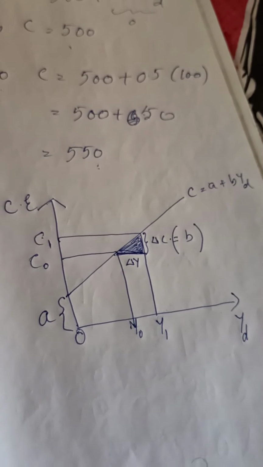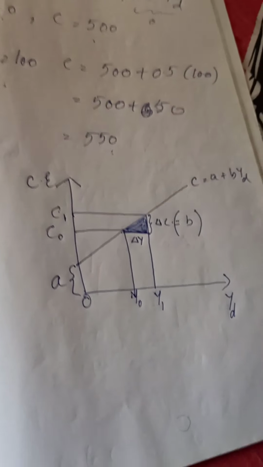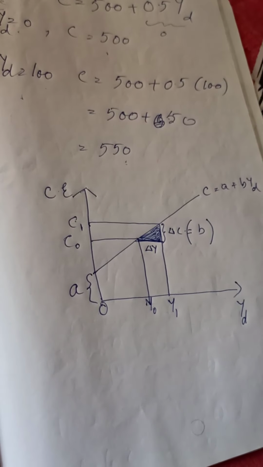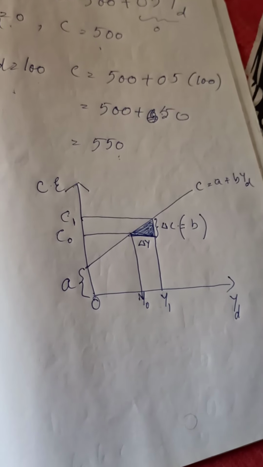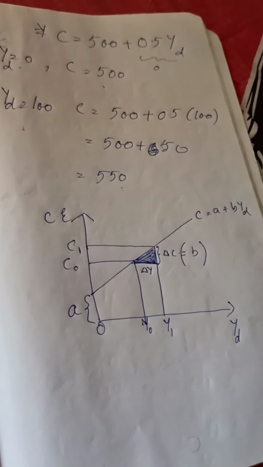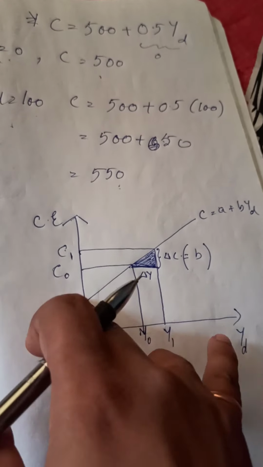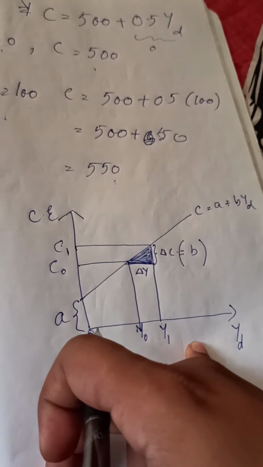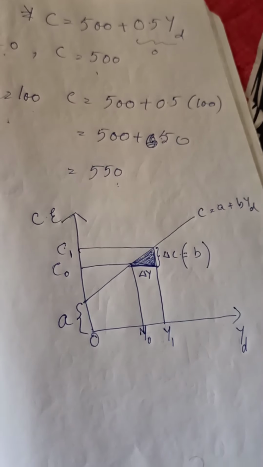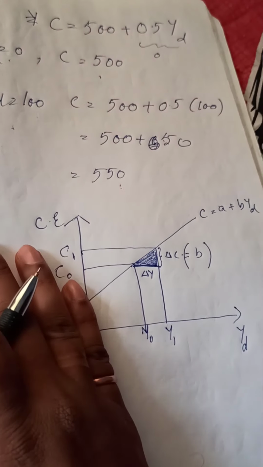What does slope imply? The slope of any function tells you how much one variable changes due to a change in another variable. And over here there are two variables, one is consumption expenditure and the other one is disposable income. And we are saying that if disposable income changes, the other variable also changes.